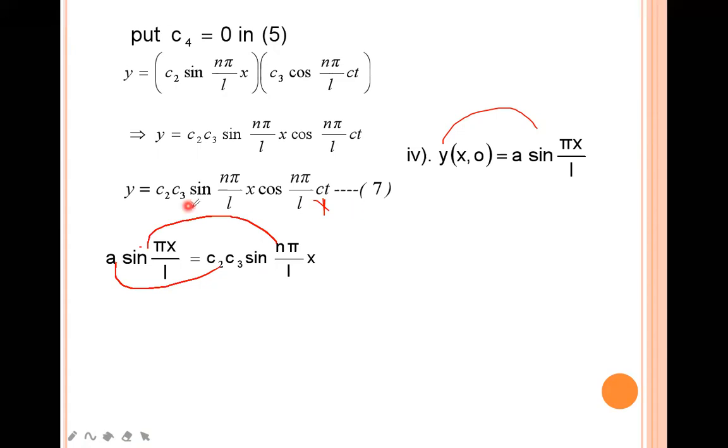What you will get is y equals A sin (pi by L) x cos (pi ct by L). That is the required solution. Substituting C2 C3 equal to A and n equal to 1 in equation 7, we get the required solution.